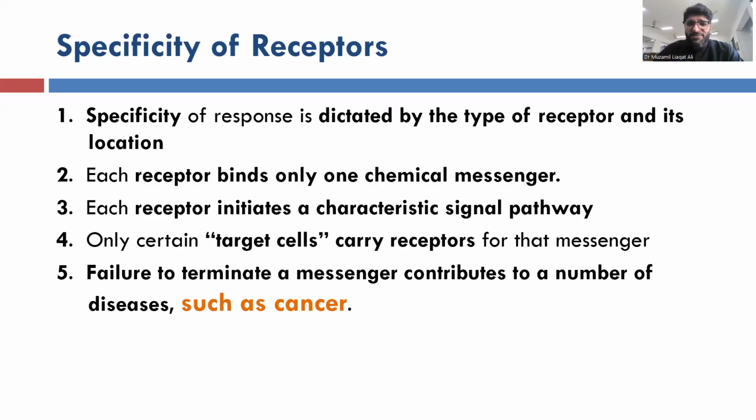Clinically, loss of specificity or a failure to terminate the signal contributes to diseases such as cancer, hyperthyroidism, or many endocrine disorders. This is why most modern drugs are designed as receptor agonists, antagonists, or modulators.